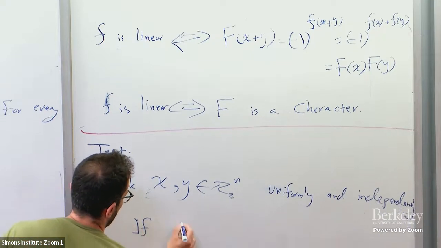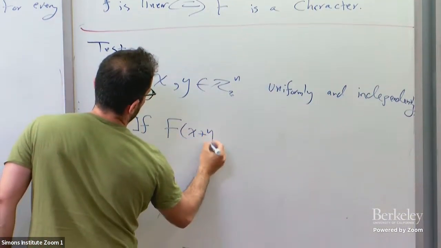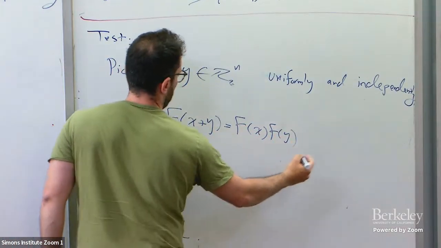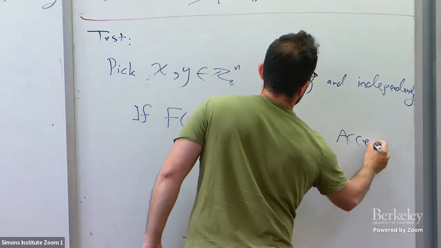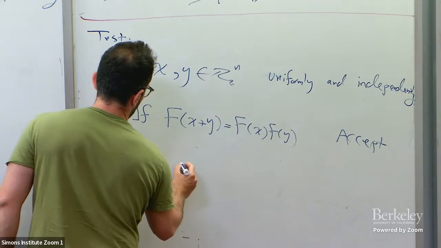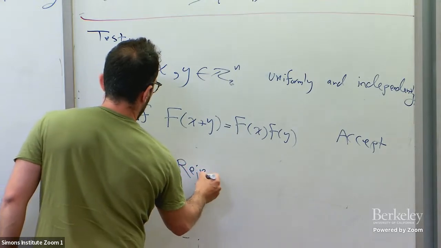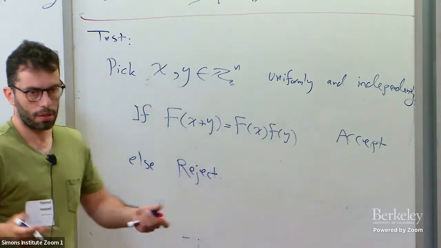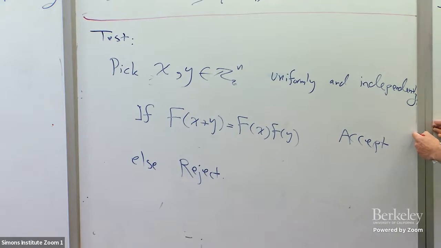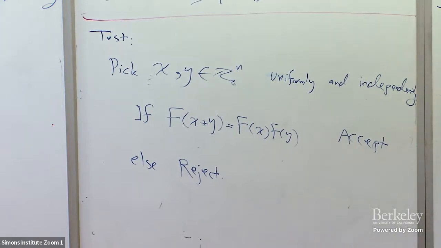If F of x plus y equals F of x times F of y, then accept this function as being a character, else reject. Say it's not a character, or it's far from being a character. That's our test, and it's really the most natural thing you can imagine to do.